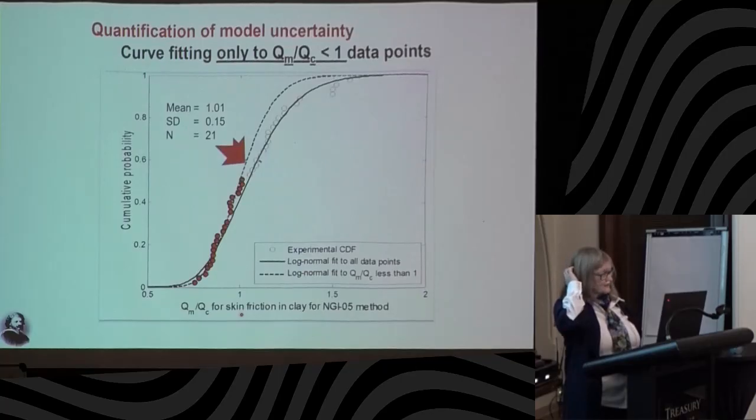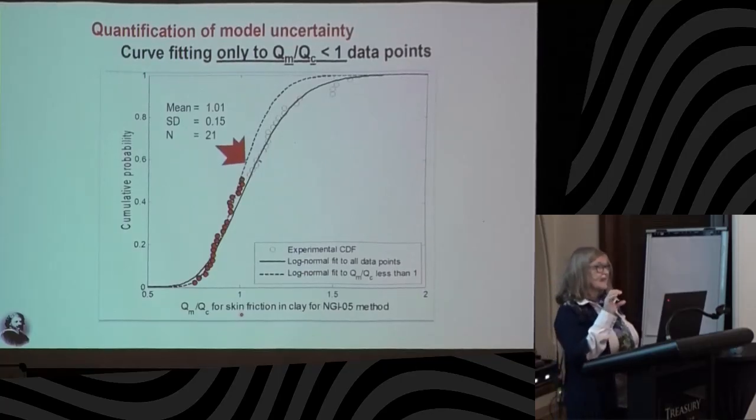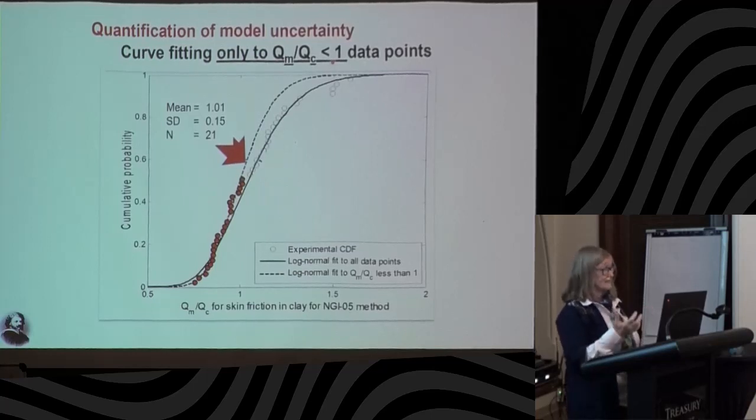So a calibration was done statistically, and I don't have to go into detail with this, but we spent more time looking where the measured capacity compared to the calculated was less than 1, because this is where we over-predict capacity, and that is more dangerous in terms of the pile failing.